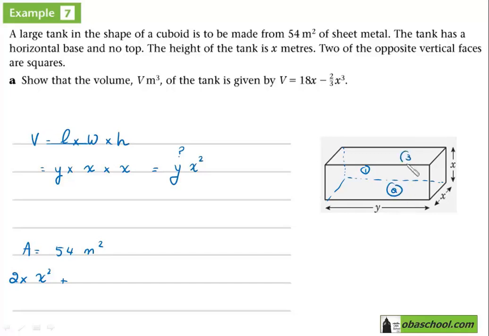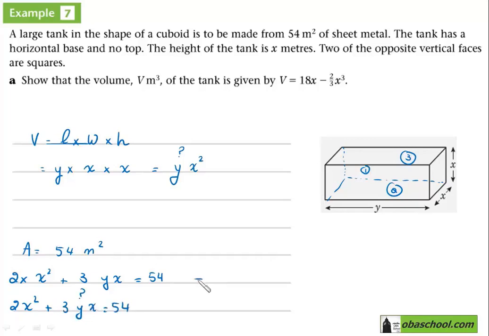The area that is hidden, the base, and the side. So 3 rectangular shapes. The area for them is length times width. So y times x. All of these are equal to 54 meters squared. Okay, 2x squared plus 3yx equals 54.